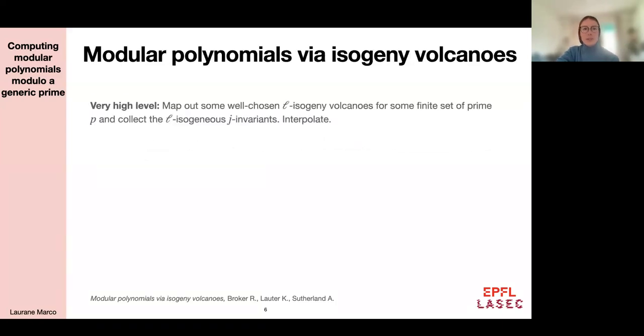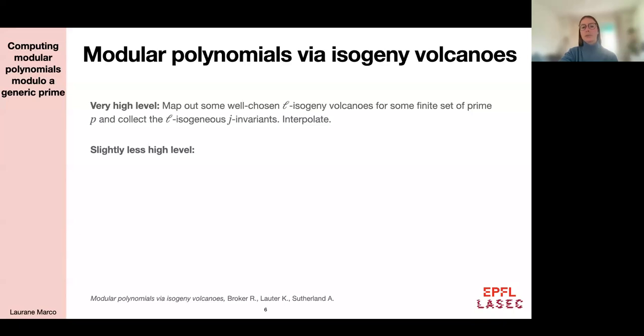So how do they do it? At a very, very high level, the idea is you map out some well-chosen isogeny volcanoes. By doing so, you collect some relations between curves and their respective j-invariants. Then you use this knowledge to interpolate your modular polynomials, and then you recover it during CRT.